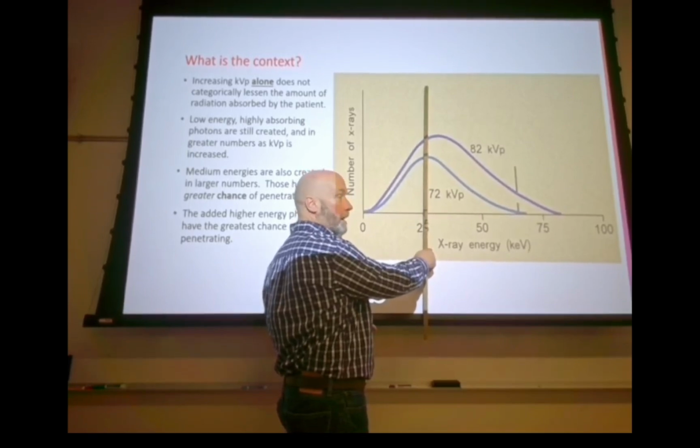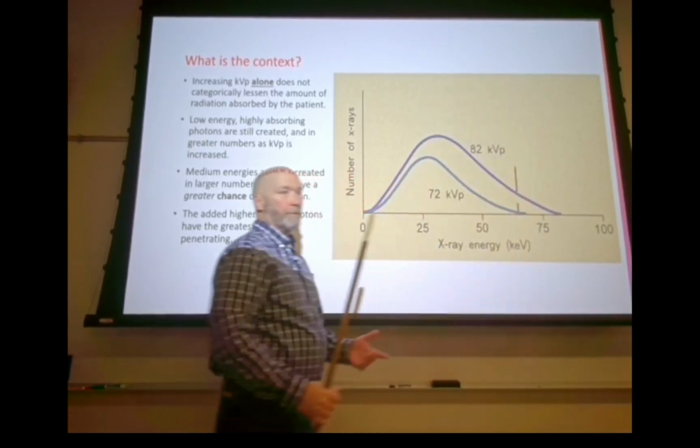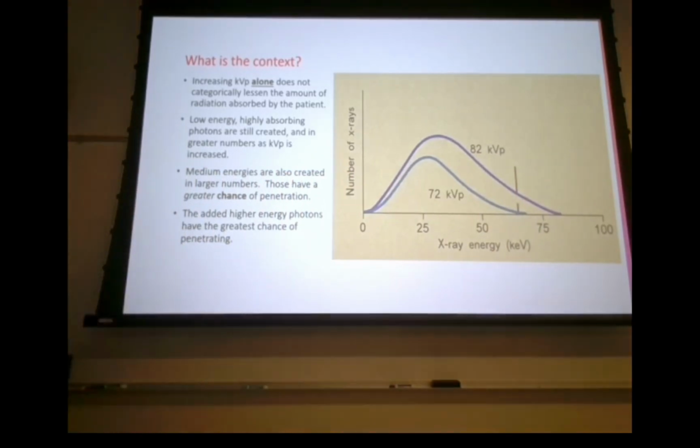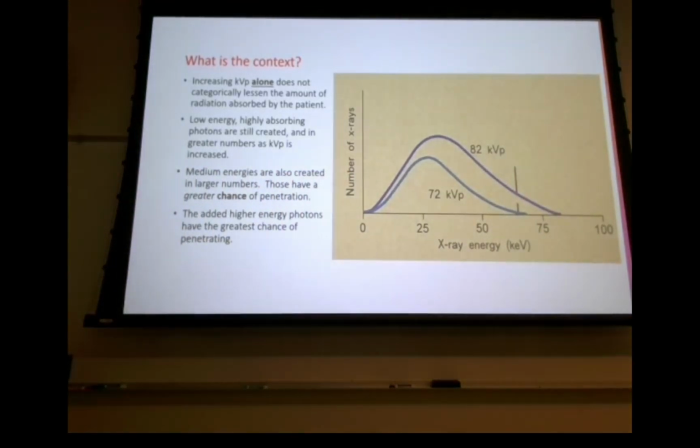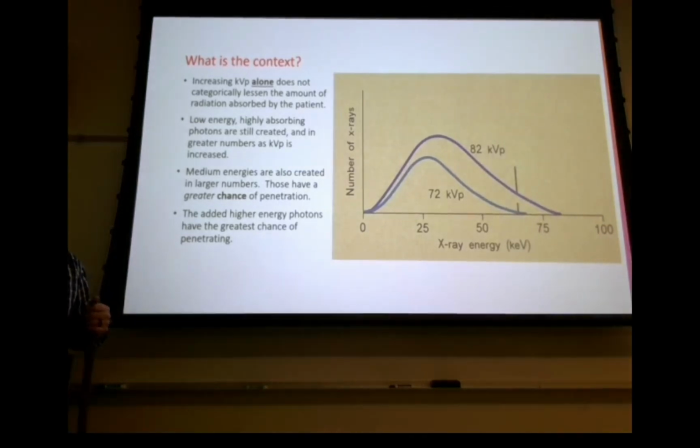It went up, patient dose went up, right? Still went up, and then above that, maybe it went down. Okay? So just increasing kVp alone does not necessarily mean that all of the x-rays that we emit from the tube are going to have a higher chance of going through the patient.